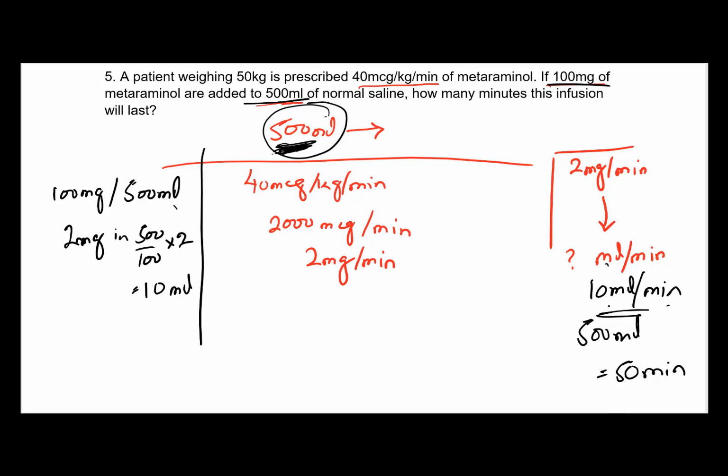For this, you need the infusion rate in mils per minute. So whenever you are given a volume of fluid, for example 1 liter or 500 milliliters, and it's asking how long it will take to infuse that, you need the infusion rate in mils per minute. So that's what we have been doing so far.